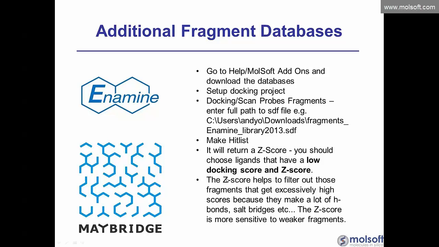So you're not just using the docking score, which may be biased by a fragment that's making 3-4 hydrogen bonds with the receptor, and this will filter those out. So you can compare the z-score with the docking score, and then choose those that have low docking score and low z-score.